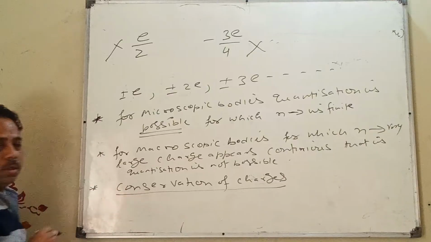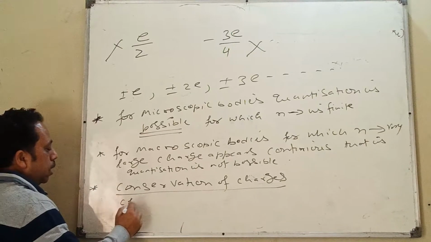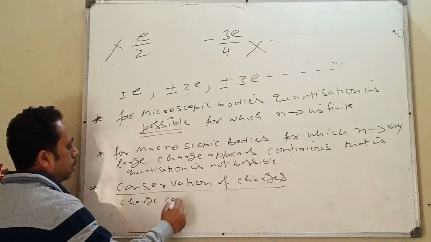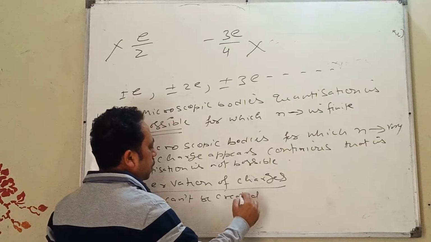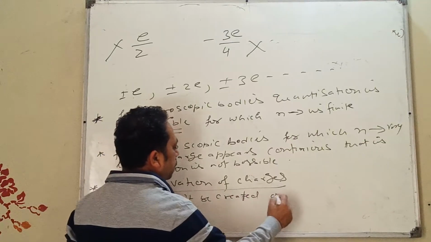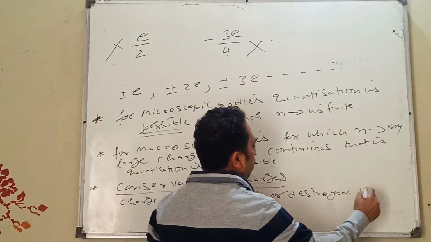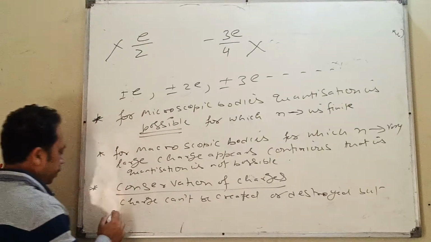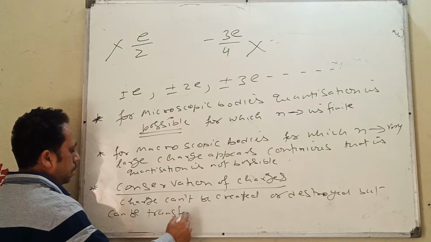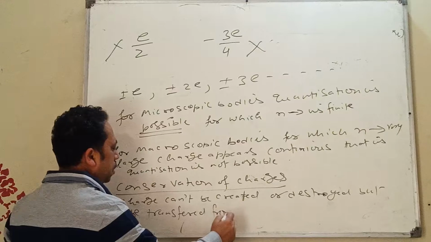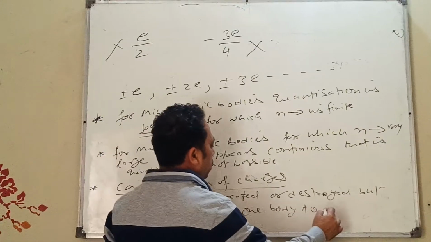And the last property is the conservation of charge. Conservation of charge, in very simple words, you can state that charge cannot be created or destroyed, but can be transferred from one body to another.